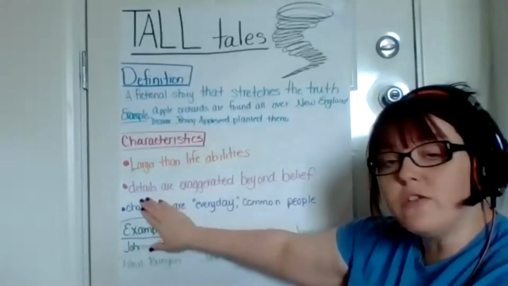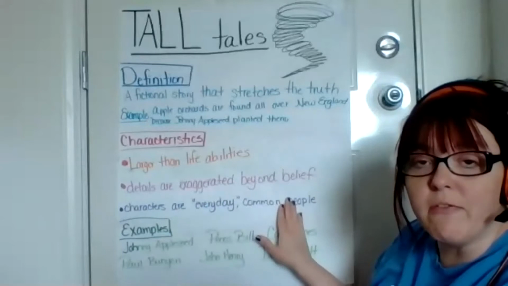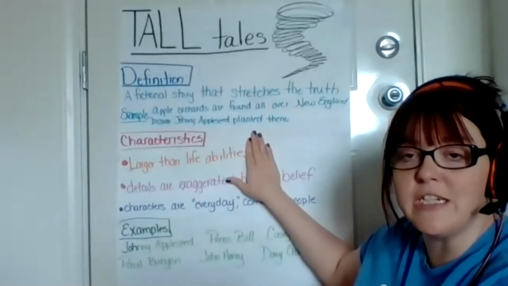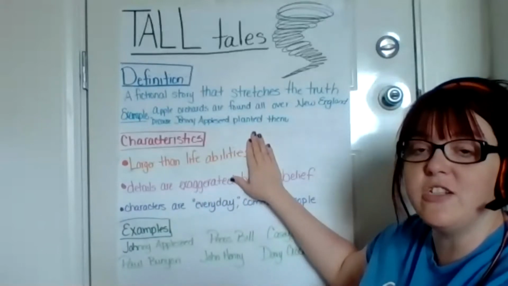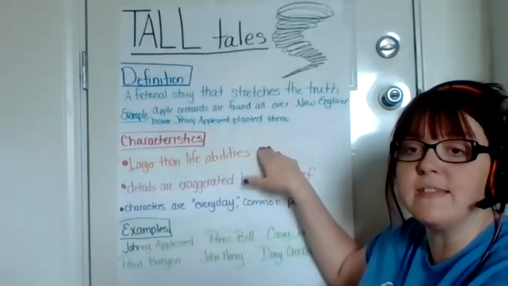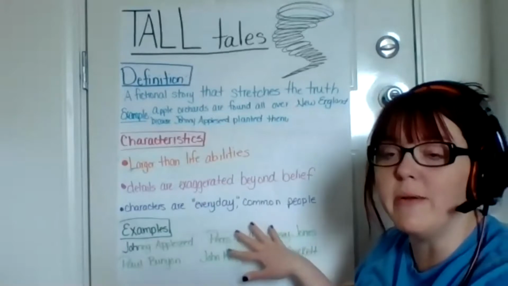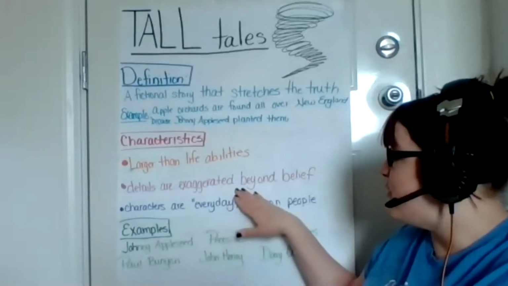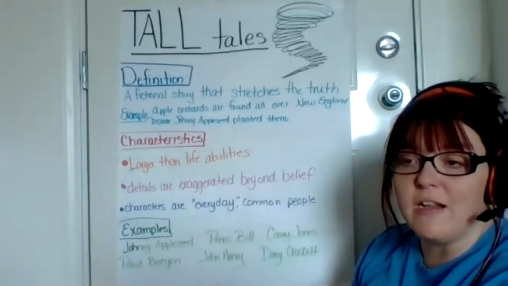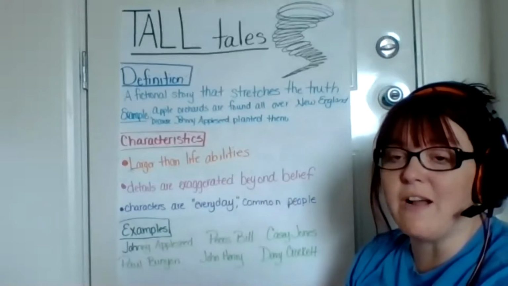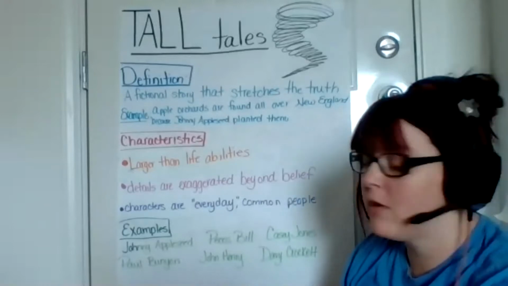The details in the story are exaggerated beyond belief. It's exaggeration or hyperbole to say that Johnny Appleseed planted every single apple tree. There's thousands of apple trees. Nobody could do that. It's exaggeration beyond belief to say that a little girl can sound as loud as a thunderstorm.